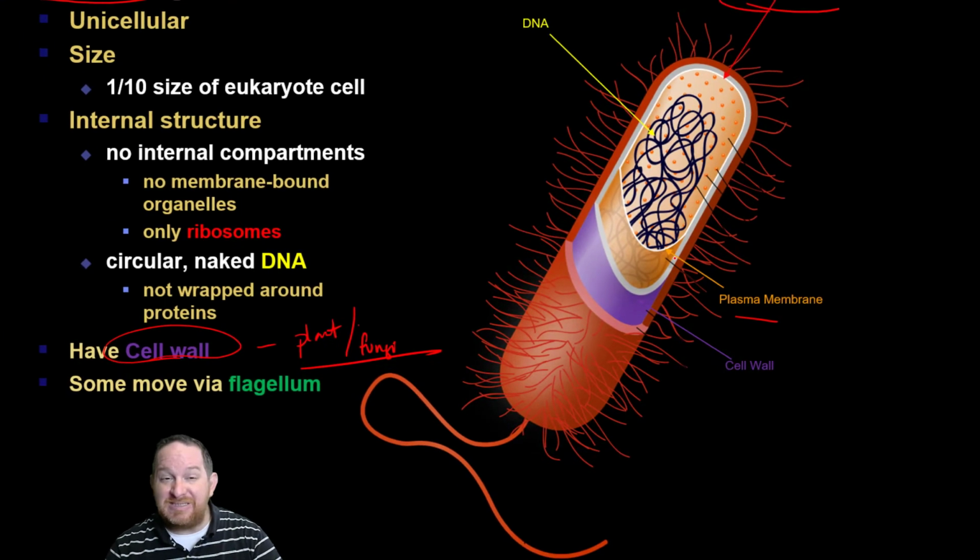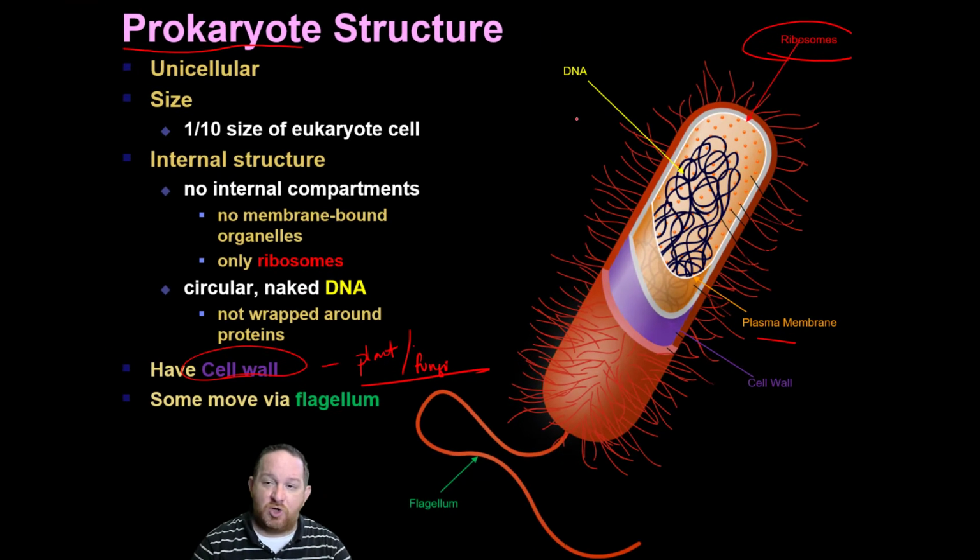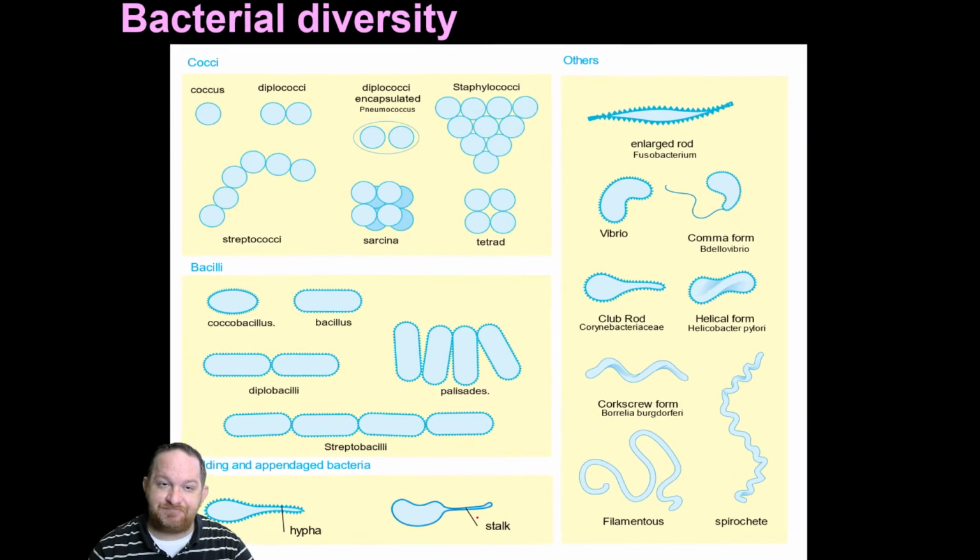And then some prokaryotes move around, or they have these flagella, or singular flagellum, for locomotion or movement. So when you're thinking about the structure of a bacteria, the structure of prokaryote, they do have the things that all cells have: ribosomes, plasma membrane, cytosol, genetic material. But they also have cell wall, and some of them have flagellum.